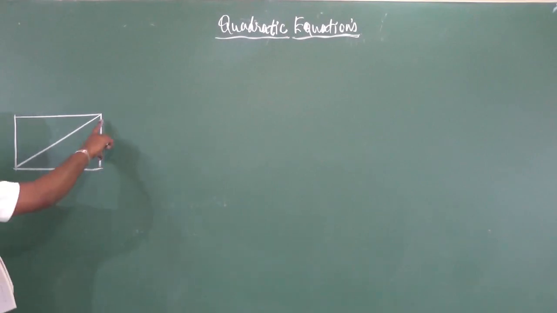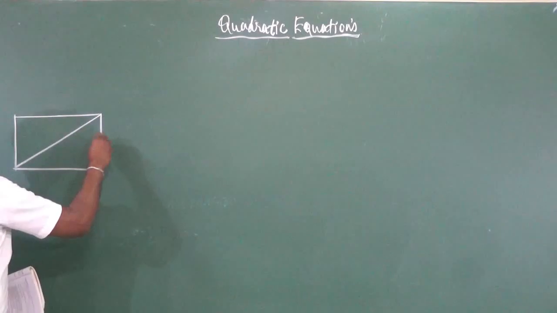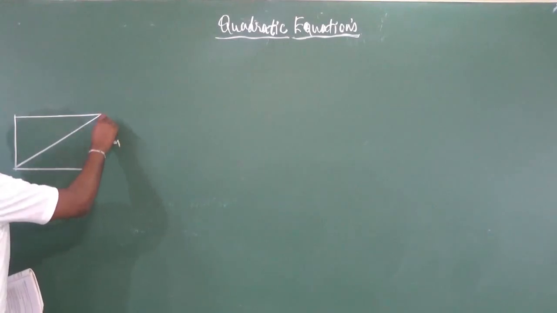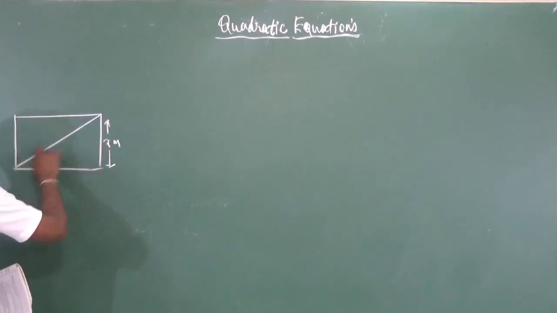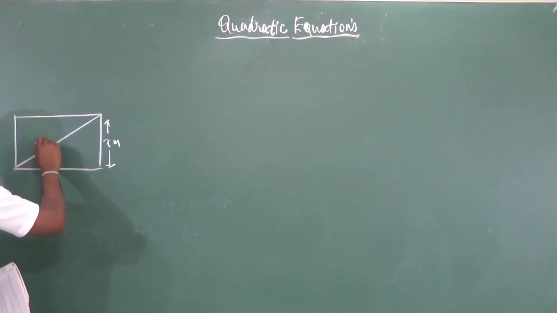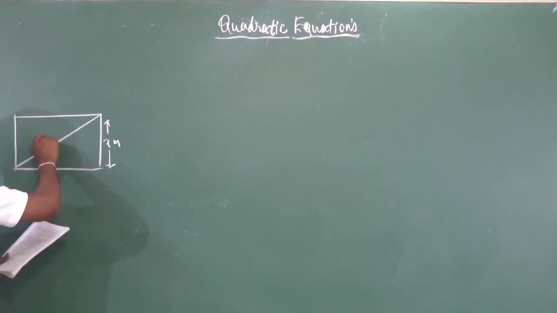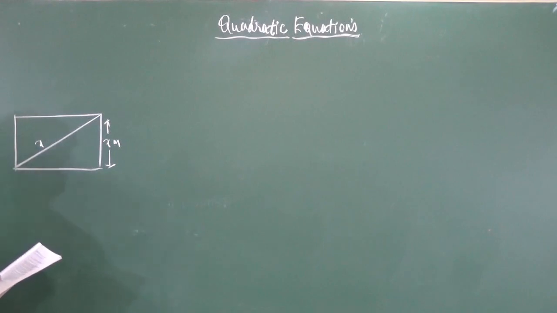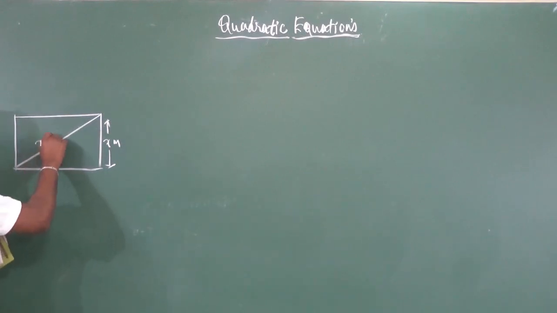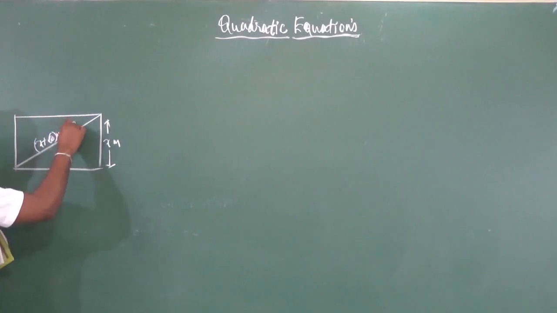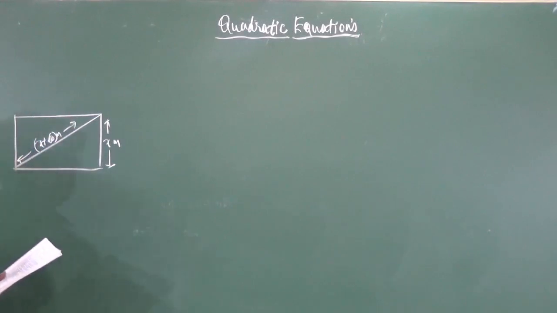So we'll take the shorter side, and we'll guess it. Let it be x meters. The diagonal of the rectangular field is 60 meters more than the shorter side, that is x plus 60 meters.